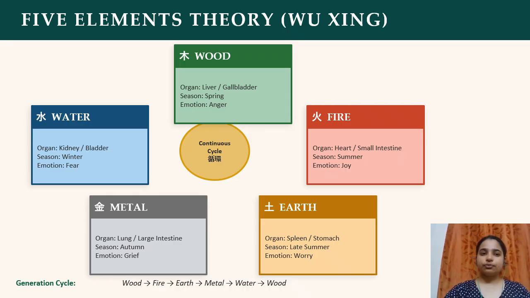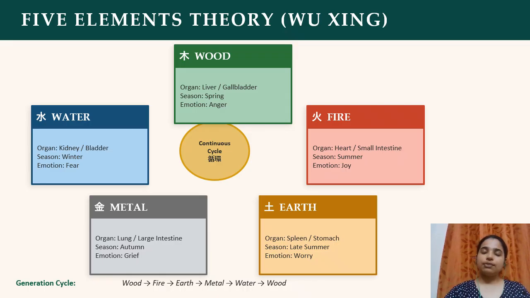The 5 elements, which I already introduced initially, in the Chinese system of medicine form a continuous cycle. If you have already dealt with Ayurveda and Siddha, you may know that each human body, or each living organism, is composed of 5 elements: water, air, fire, earth and sky.